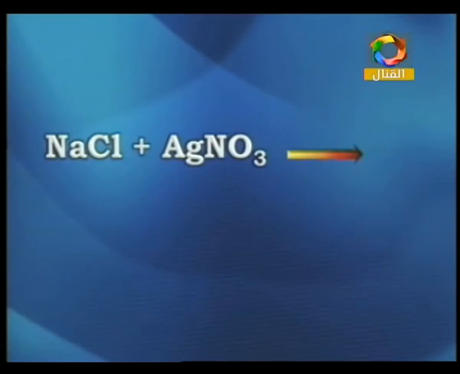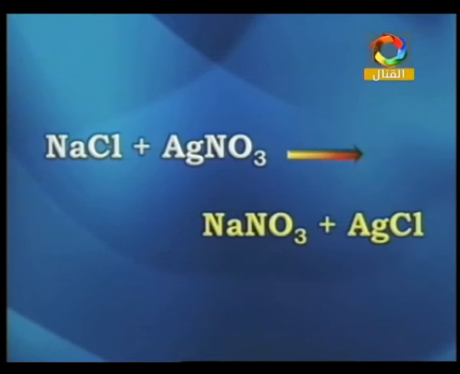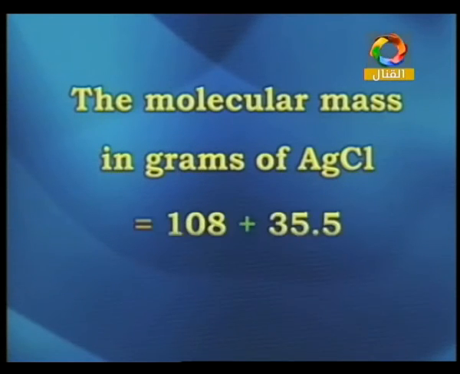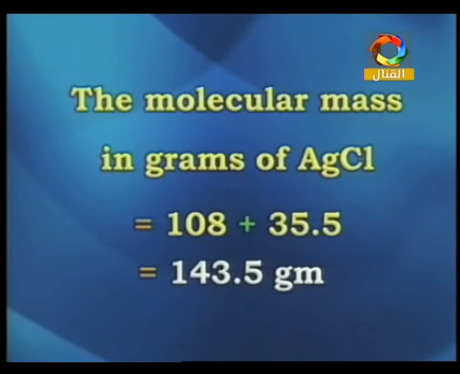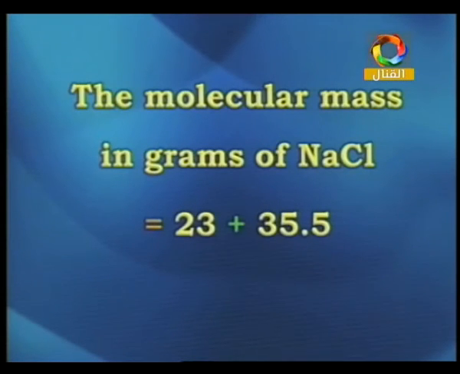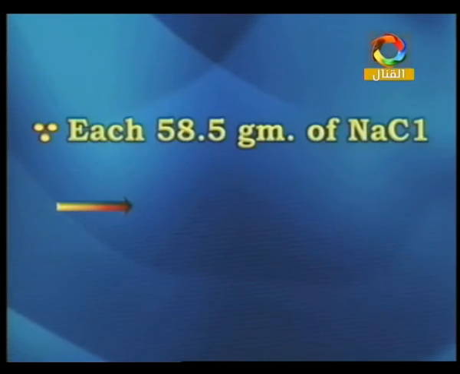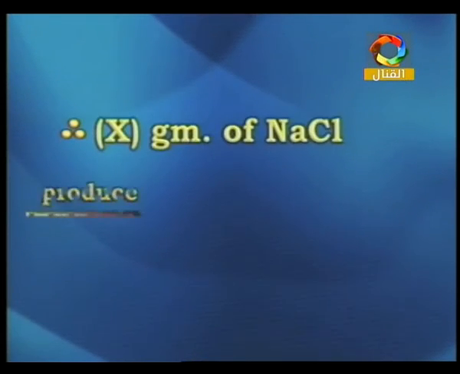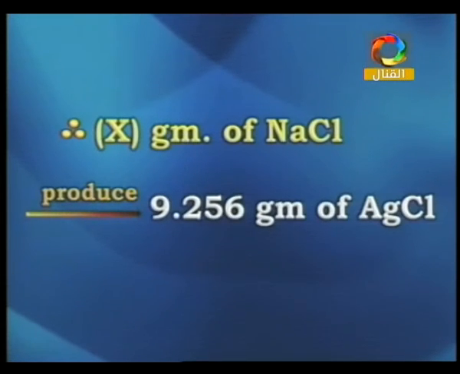As the equation proceeds on the screen, NaCl plus silver nitrate gives NaNO3 plus AgCl. So the molecular mass of silver chloride, 108 plus 35.5, equals 143.5 gram. The molecular mass in grams of sodium chloride, 23 plus 35.5, equals 58.5 gram. Since each 58.5 gram of sodium chloride gives 143.5 gram of silver chloride, so x gram of sodium chloride produces 9.256 gram of silver chloride.